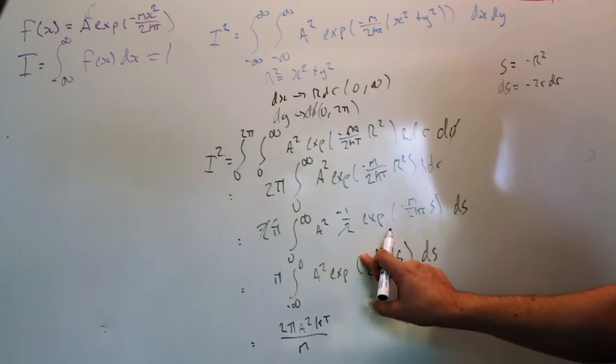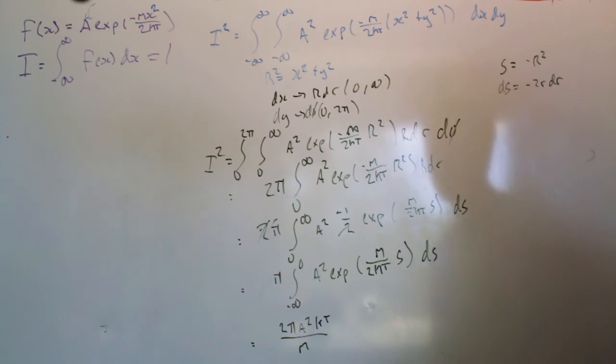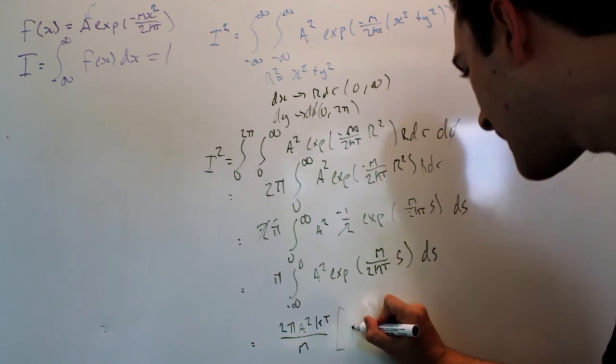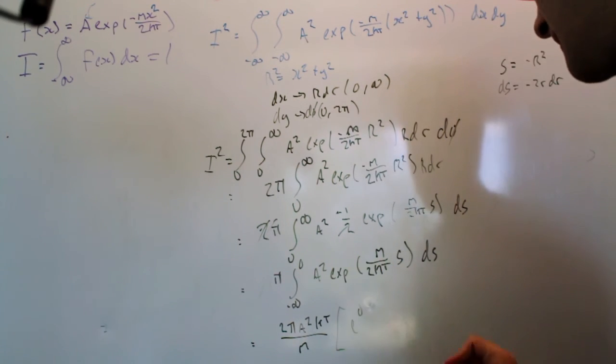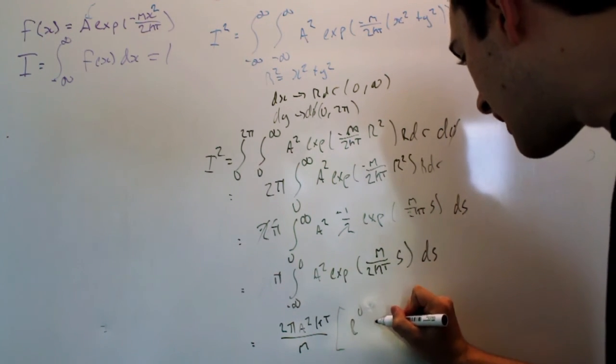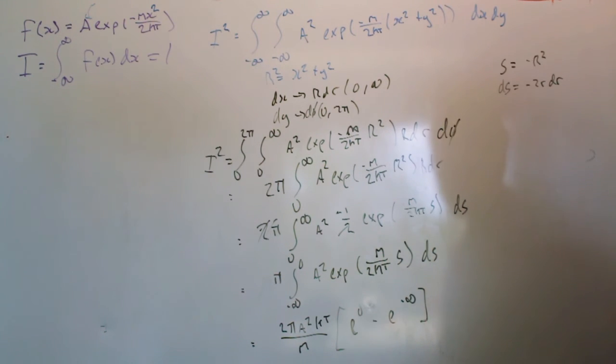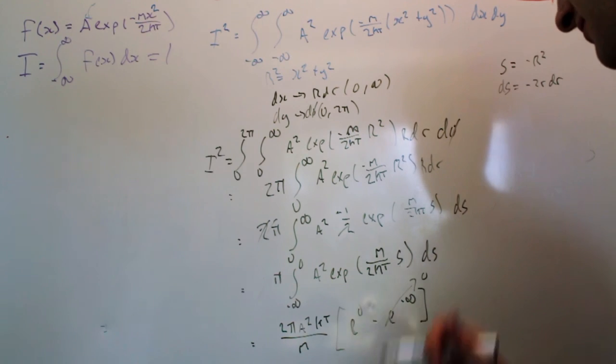No, yes, that's right, because that negative shouldn't be there. Yeah, that's right. And then this is all times e to the 0, so plugging in for that limit there, minus e to the negative infinity. And so this here, that's just 0. Anything to the negative infinity is always going to be 0. E to the 0, that's just 1.